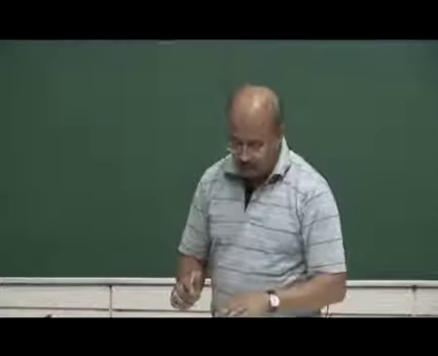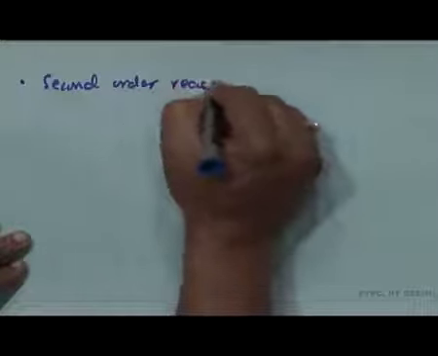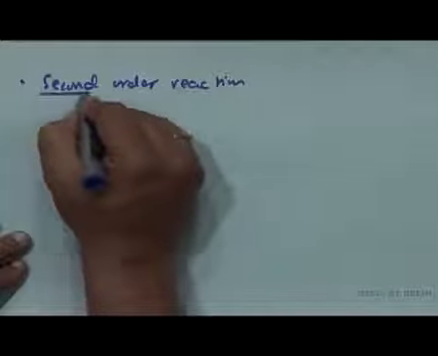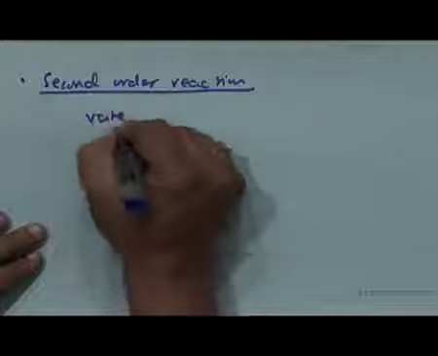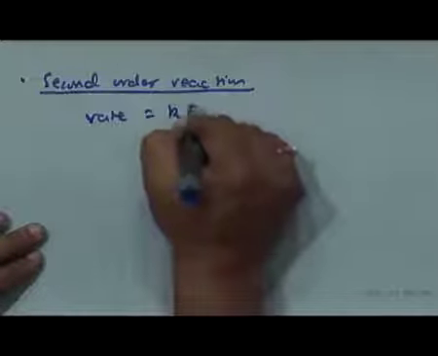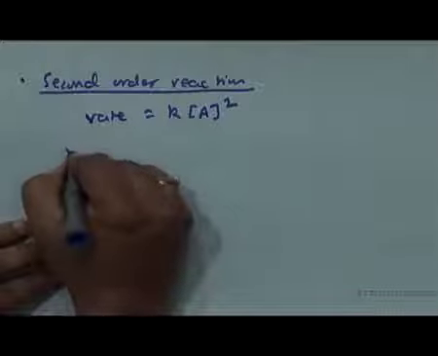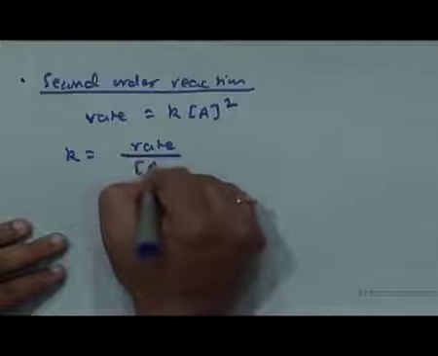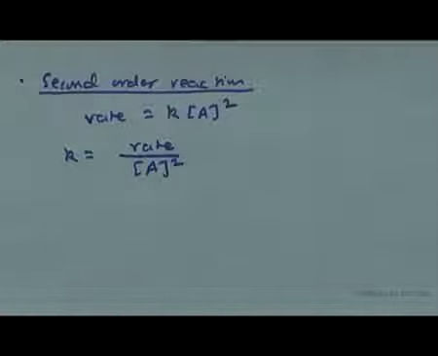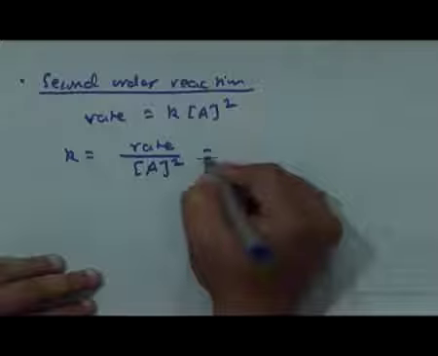So, likewise we go to second order reaction. Here let us take this example where rate is equal to K times concentration of A raised to the power 2, 2 being the order, hence second order. So, therefore, K is equal to rate over A squared, rate over concentration of A squared. Again, what was rate?